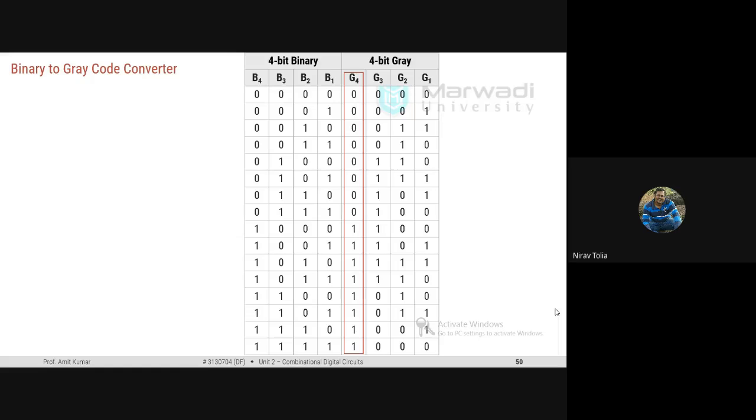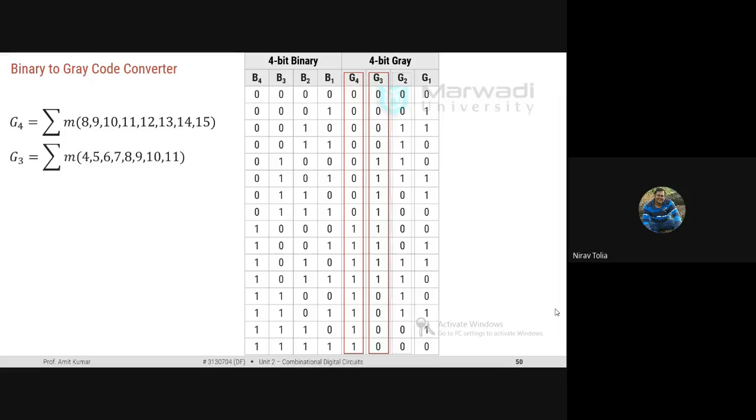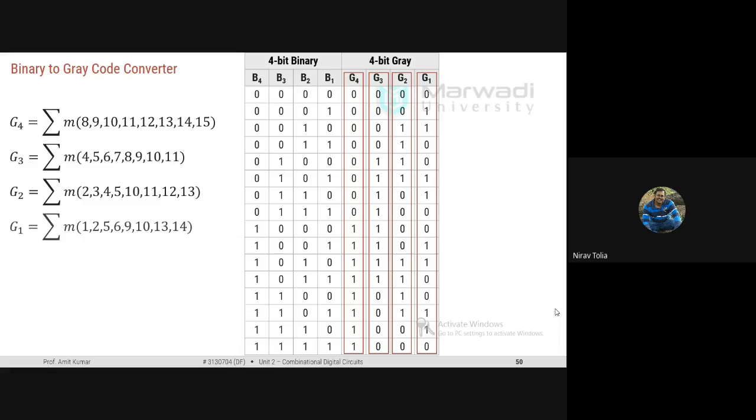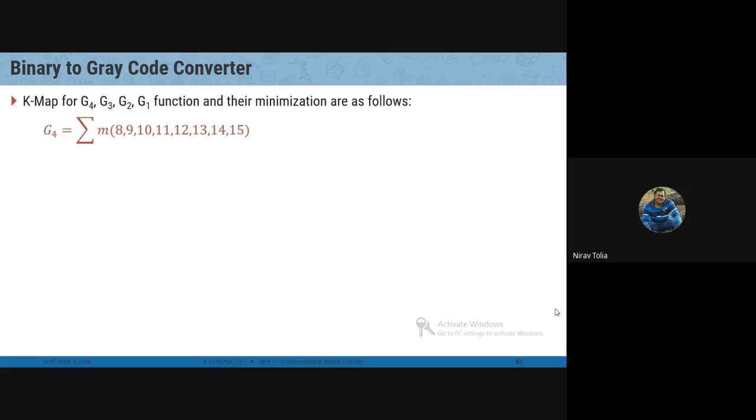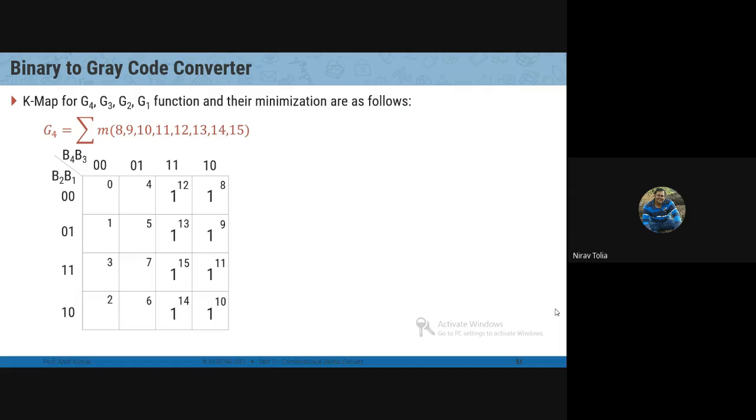We have to check at which moment my G4 is 1, and when it is 1, what are my input min terms. From that we can derive the equation of G4 in terms of min terms, same way G3, G2, and G1, and we implement these outputs by using a K-map.